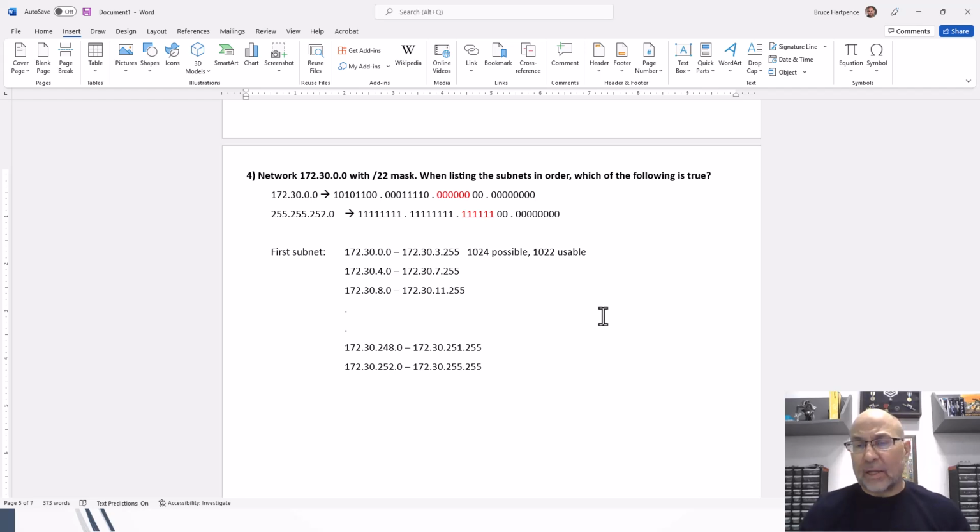Now it also works out that in this particular case, in that octet, 256 possible values divided by 64 is 4. But we can also work backwards. If this is the highest value that was there, and this value was 1 less, and then I just subtracted 3 from that, then I would get 252 as the highest, and then I could get the next one down just to do some checks.